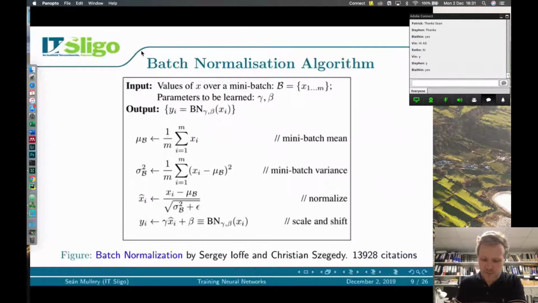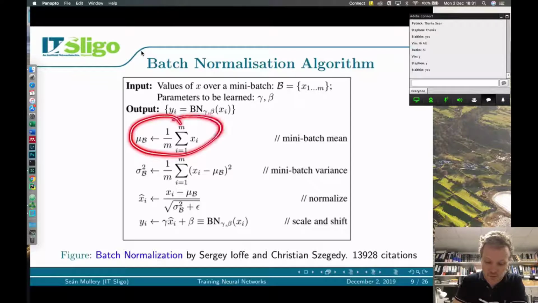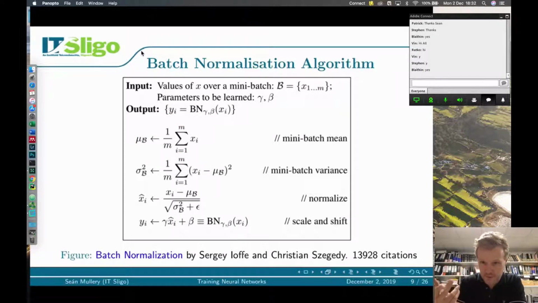So this is the formula here. This is a standard way we would do it. We add up all the values in each channel, and we divide by the number of them that there are, the number of samples. Then we use that and subtract it from each value, and then get the square of that, and once again divide by m.